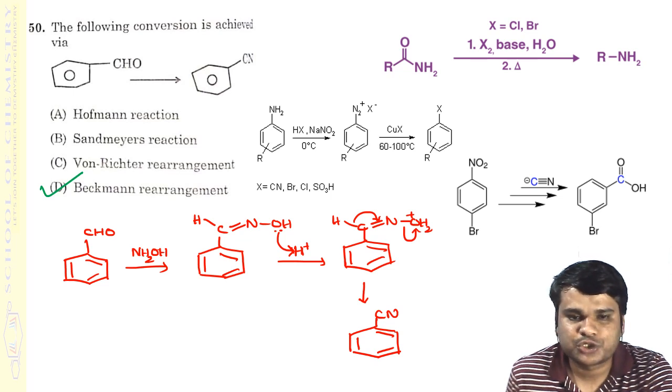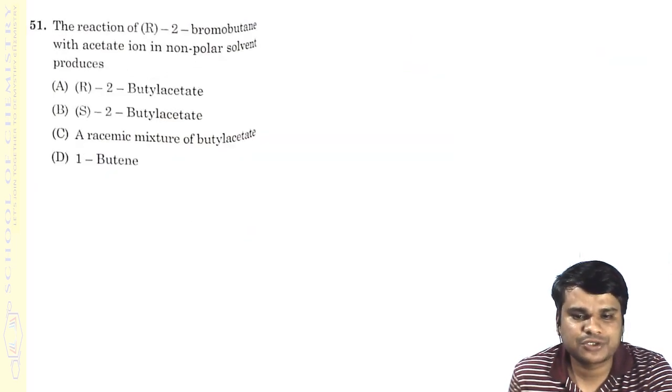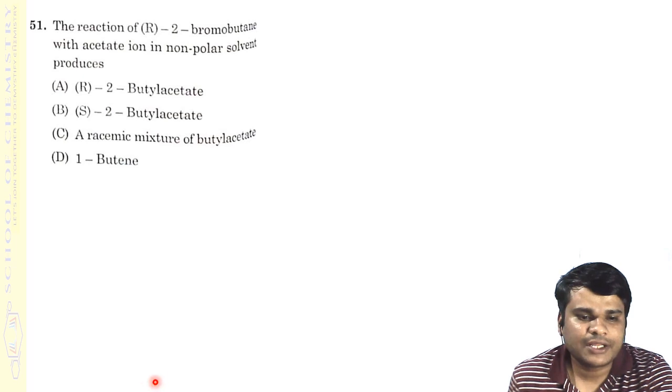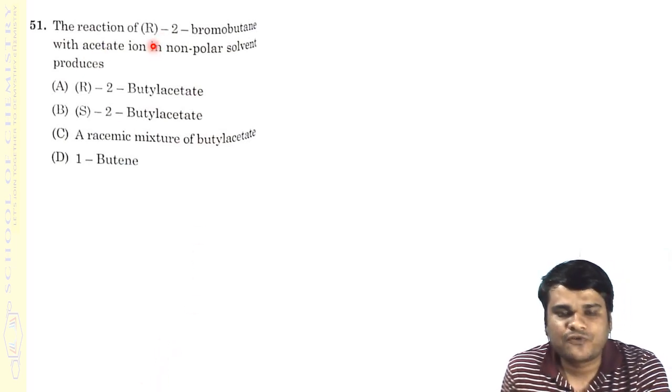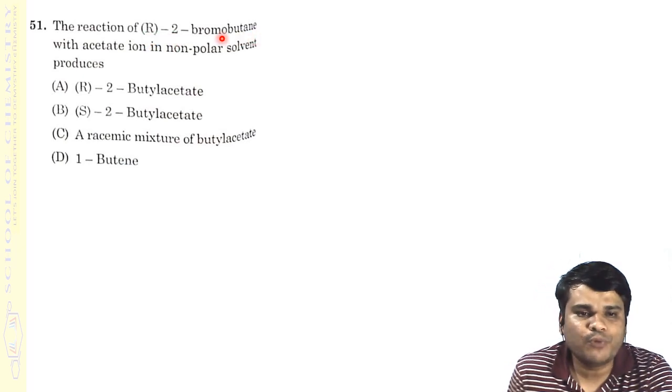So the next question, the 51st question, was a little tricky, but if you know some basic concepts it wasn't difficult. They say that R-2-bromobutane, with the configuration given, is reacted with acetate ion in the presence of a non-polar solvent.